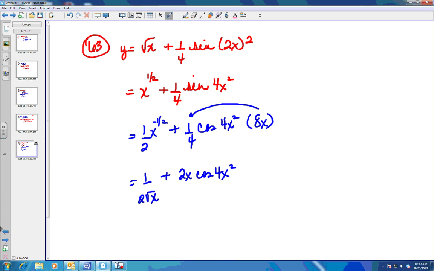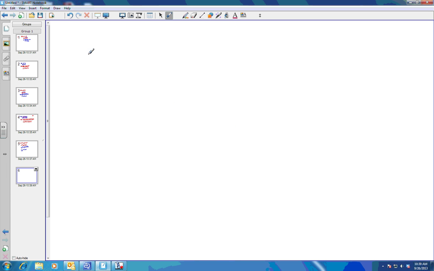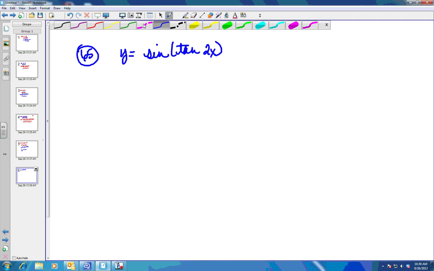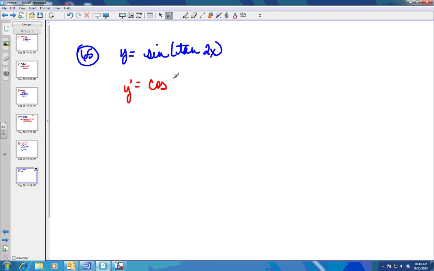Okay, last one. 65. 65 is y equals sine tangent 2x. So this one I can't rewrite at all. Okay, so I'm just going to say y prime equals. Chain rule when dealing with trig functions, take the derivative of your outside, so that's going to be cosine.